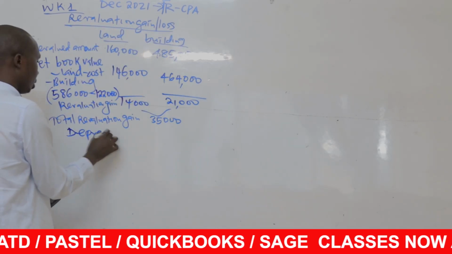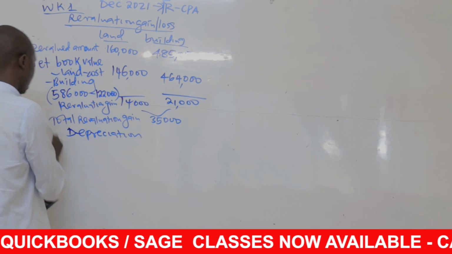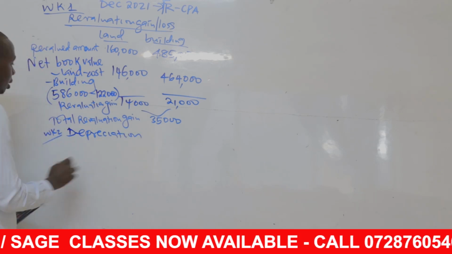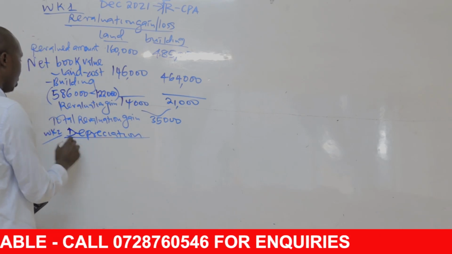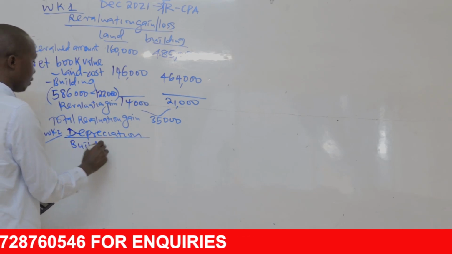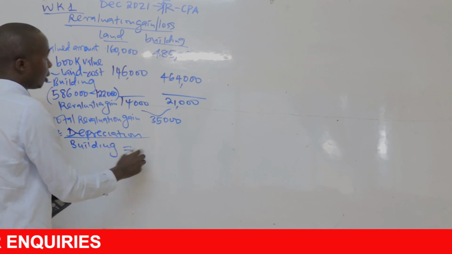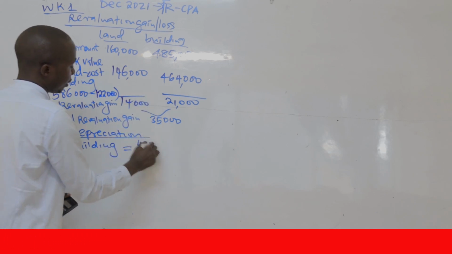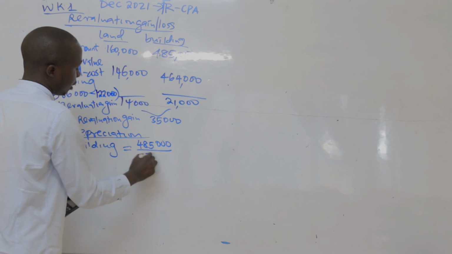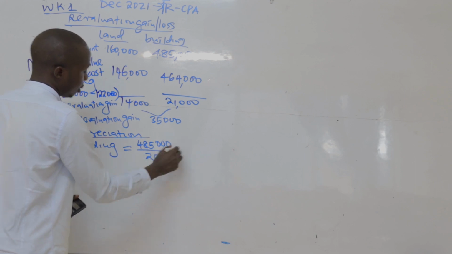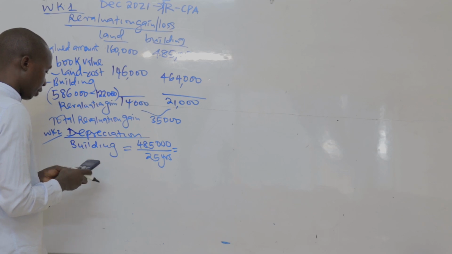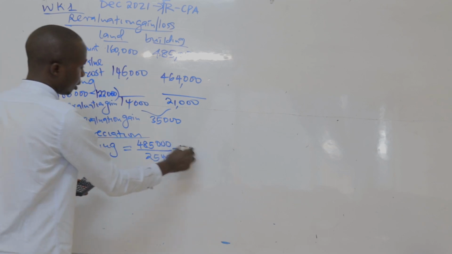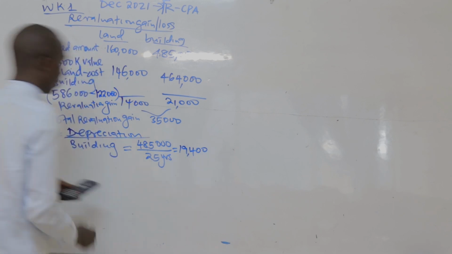So working 2 is all about depreciation. For the building over the useful life of 25 years, after revaluation we have 485,000 divided by 25 years. So that is 19,400.